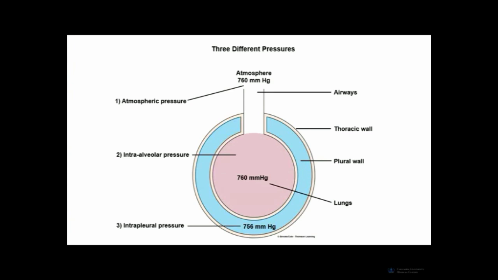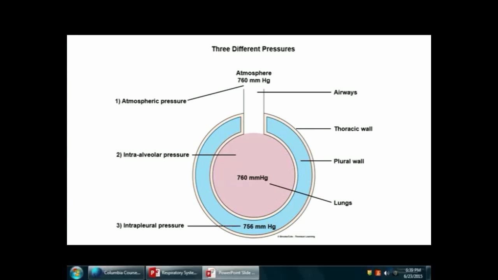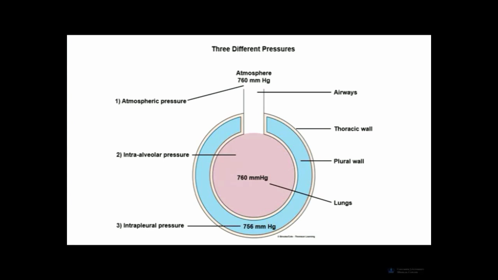That makes sense? So the lungs want to return to their natural position, and they're therefore pulling on the fluid, and the fluid luckily is pulling back in equal force and keeping it inflated. Okay?